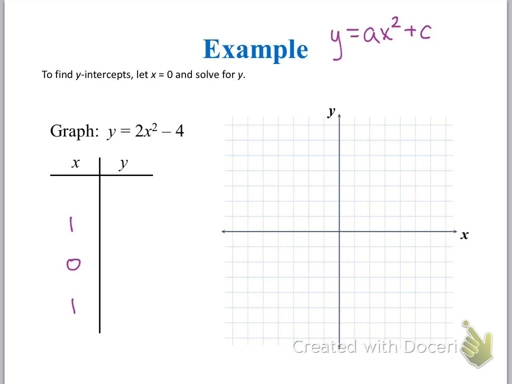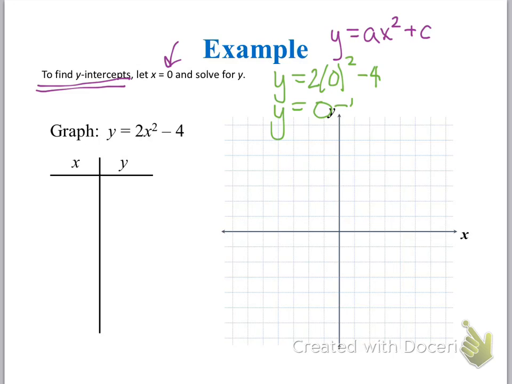One thing that's really important is finding the y-intercepts. So in order to find a y-intercept, you put in a 0 for x. So let's take a look at that first. If I put in a 0 for x, that's going to be y equals 2 times 0 squared minus 4. 0 squared is 0, times 2 is 0.